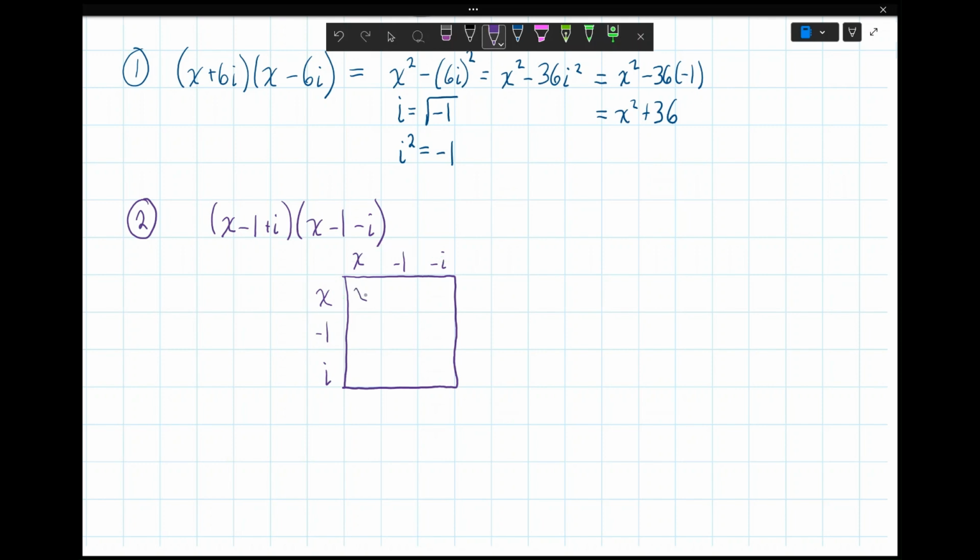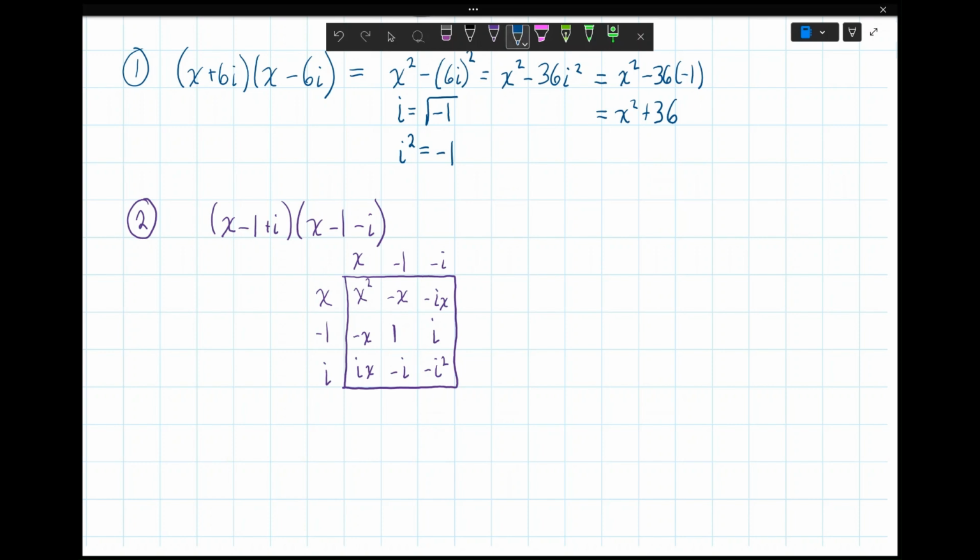So I end up with an x squared, minus x, minus ix. I end up with a negative x in my second row, multiplying the negative 1 by each piece of the other factor. Let's see, a negative x, I get a positive 1, I get a positive i. I end up with an ix in the lower left-hand corner, a minus i, and a negative i squared.